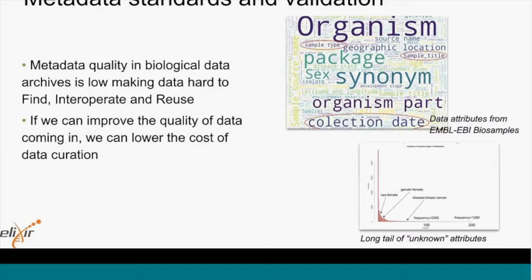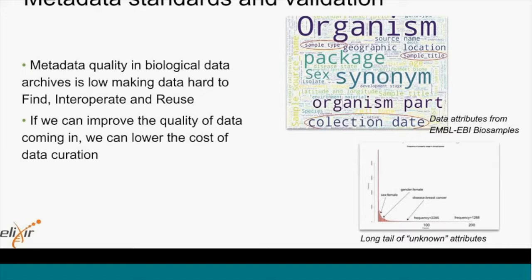And the problem we have today, specifically here with the example of Biosamples, is that data is very diverse. I told you it's coming from a variety of projects, and you can see here on the right-hand side a word cloud of the attributes in Biosamples.